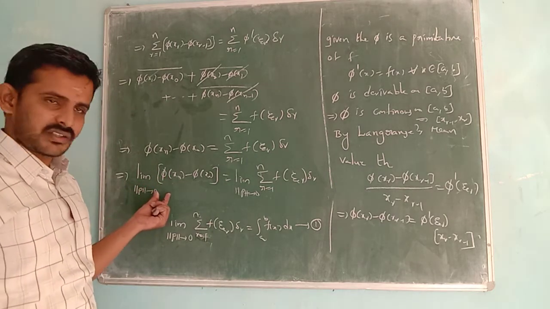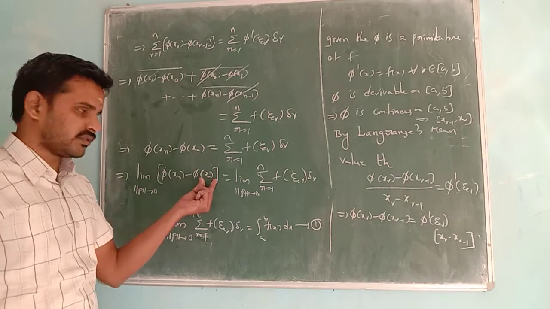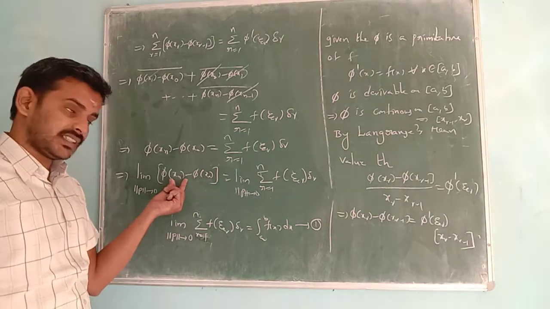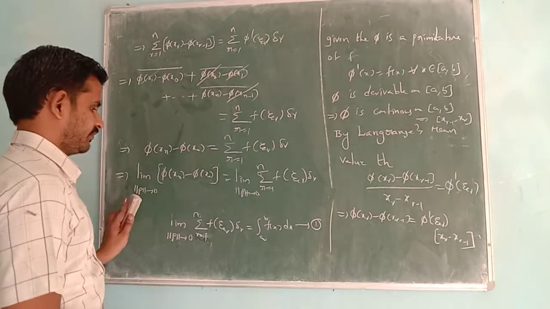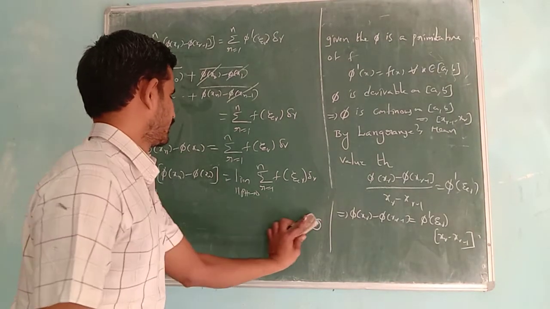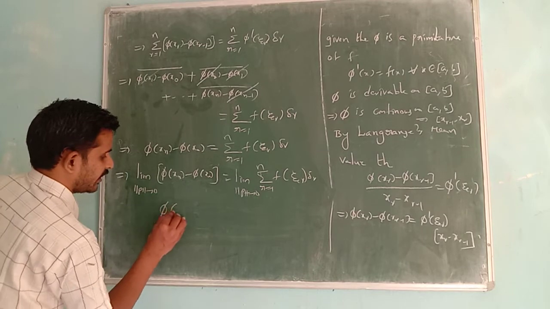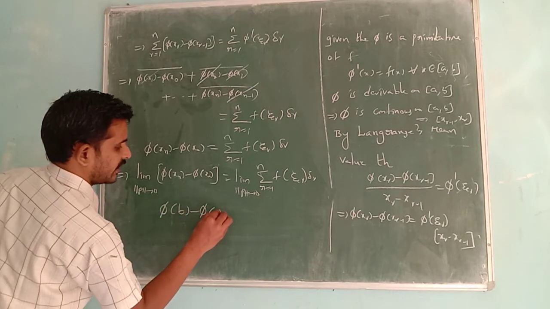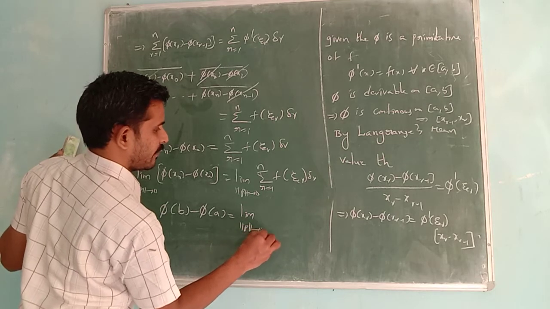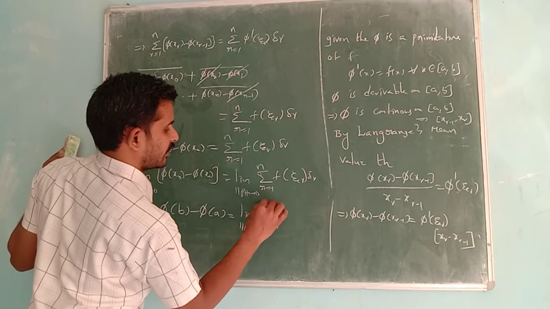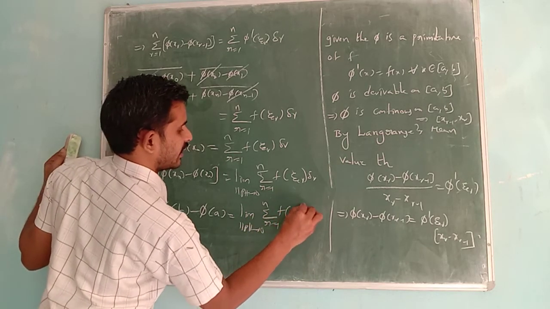Here, p tends to 0, so here there is no p on the left side. So xn means b, x0 means a. So we can write phi(b) - phi(a) is equal to limit as p tends to 0 of sigma, r running from 1 to n, f of xi_r delta r.